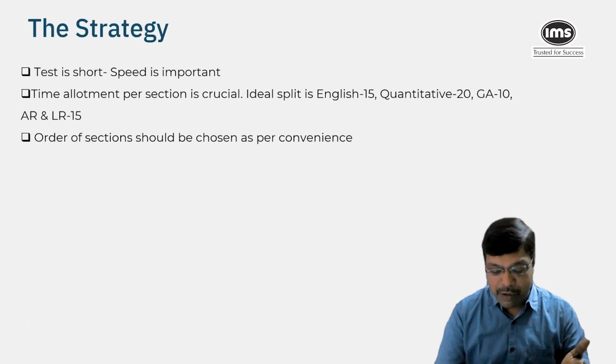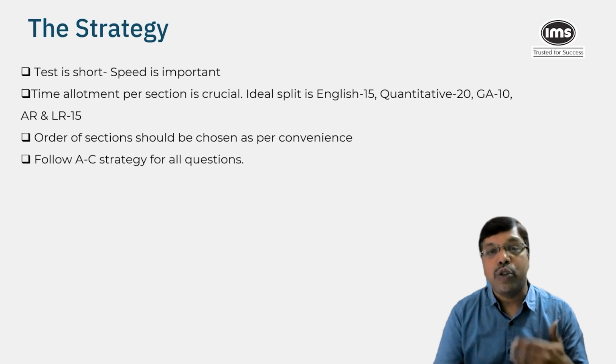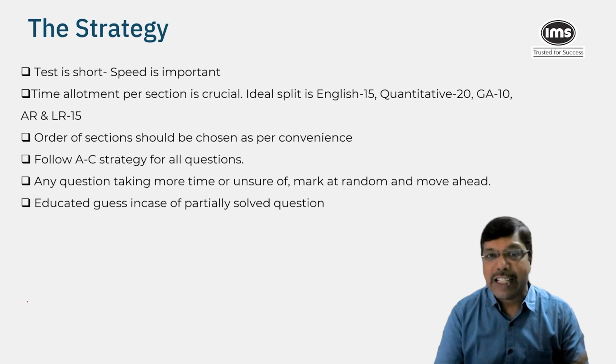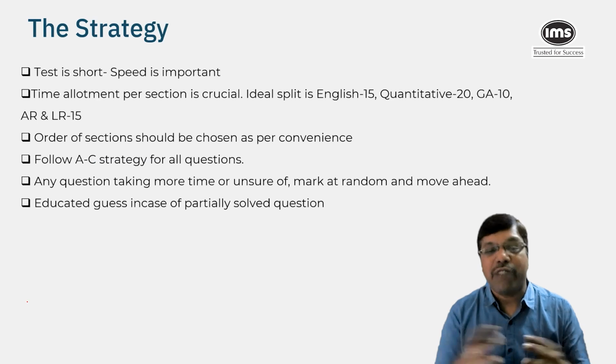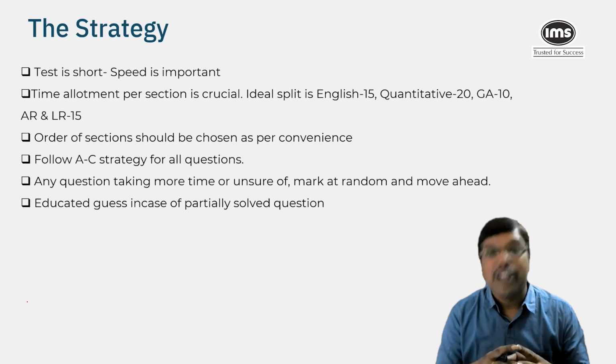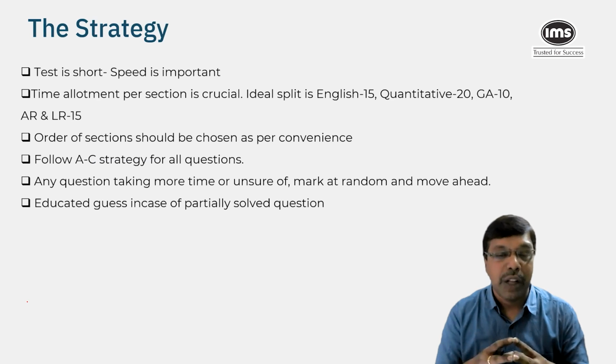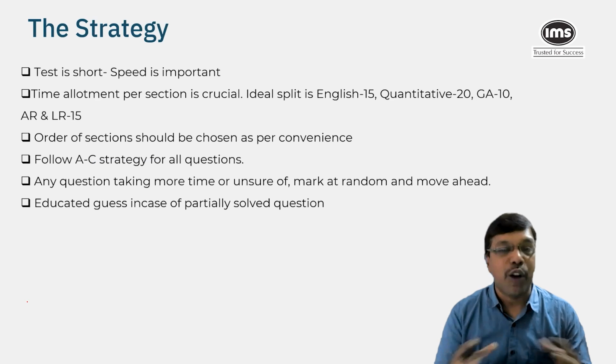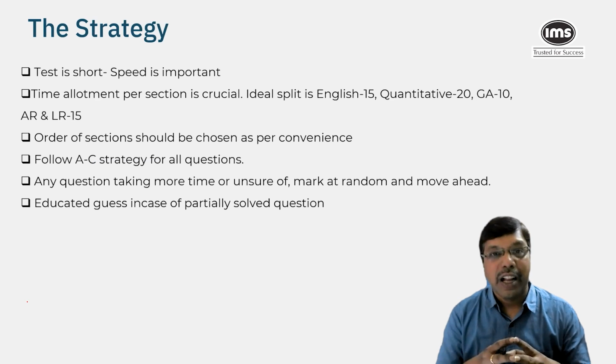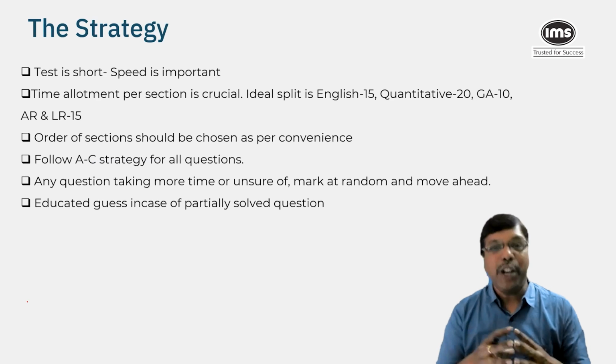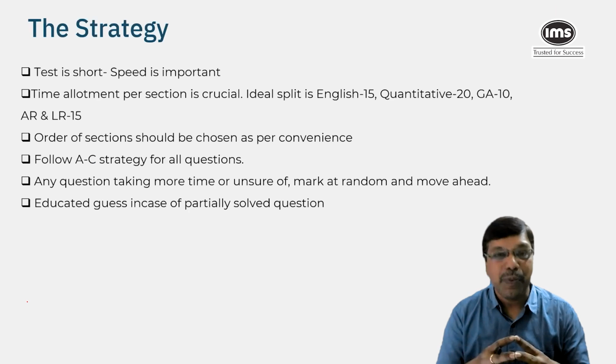The best strategy in order to be able to score well in this exam is the AC strategy. Don't get confused. I am sure most of you are aware of the ABC strategy that we advise students to follow while attempting any of the entrance exams. Now, this is a subset of it called AC strategy.